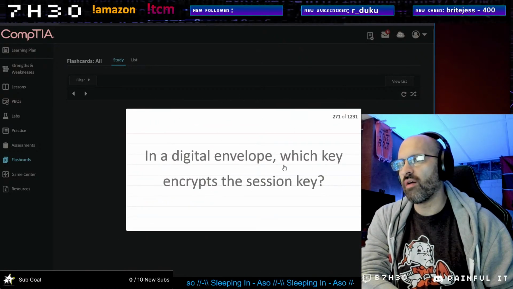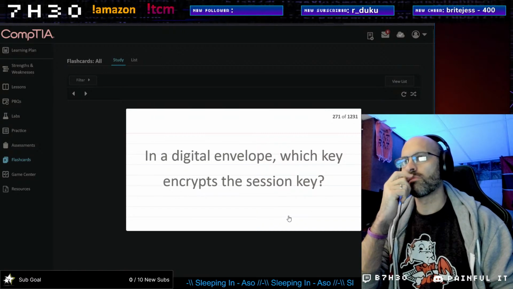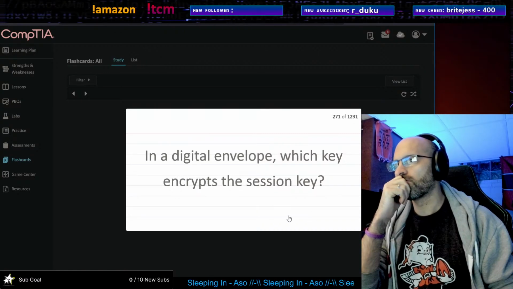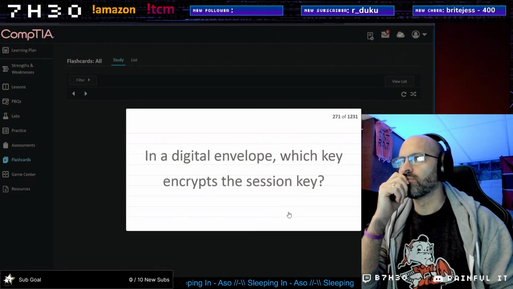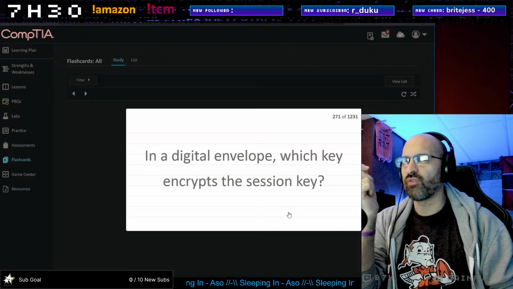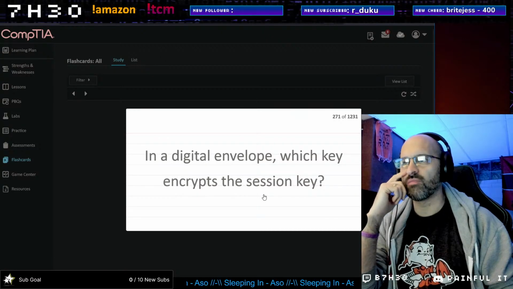In a digital envelope, which key encrypts the session key? The session feels like it refers to the individual user. So I'm going to say private.